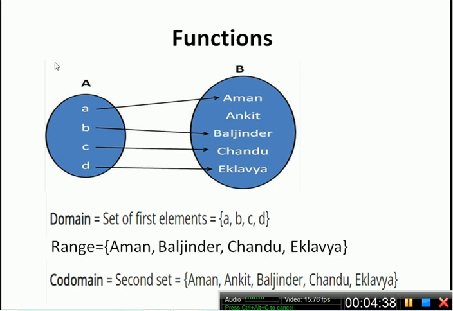In this we have two sets, set A and set B. In set A we have elements A, B, C, D, and in set B we have the elements Aman, Ankit, Baljinder, Chandu and Ekalavya. These are the names of students. These are the two sets we have. Here the first set is called the domain.